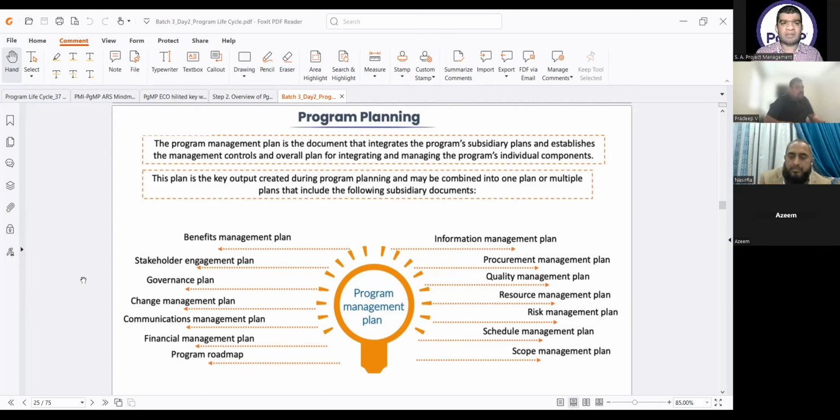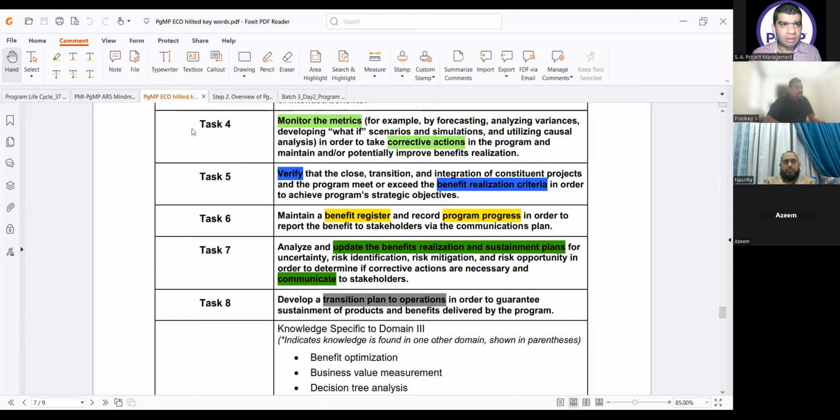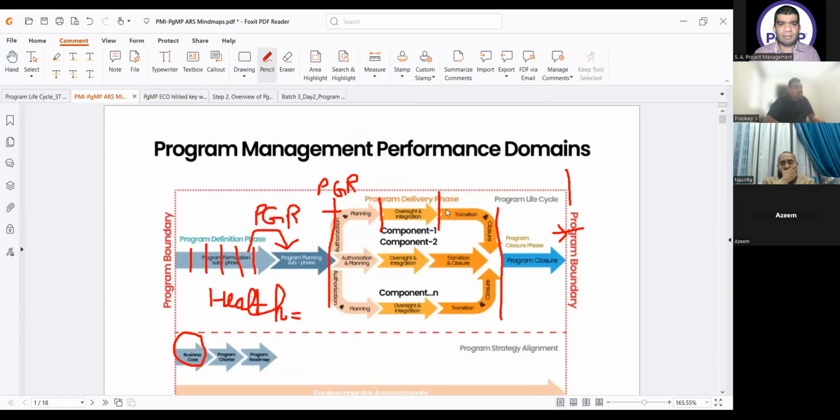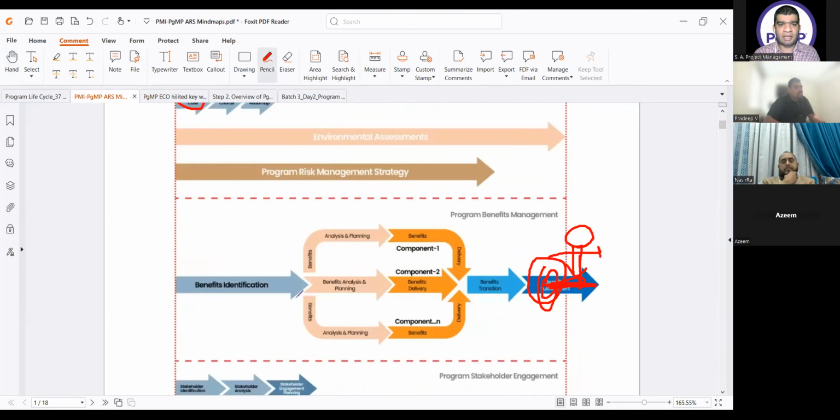Okay, so in those activities we actually cover the 12 activities, but the benefits, stakeholder engagement, and governance plans actually come from the performance domains, from the main overall. Now, this program management plan has those 10, 12 activities from the magic grid, plus I also have this. When we cover the performance domains, I am making the benefits management plan here.